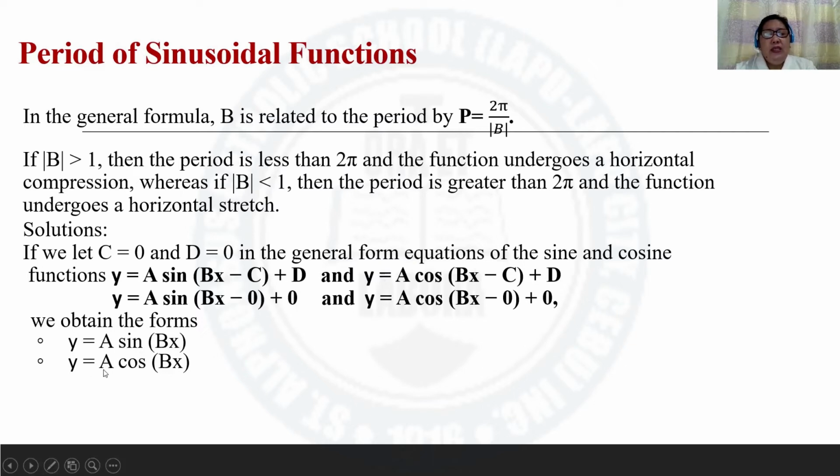And y is equal to a cosine bx. So here, the period is 2 pi over absolute value of b.